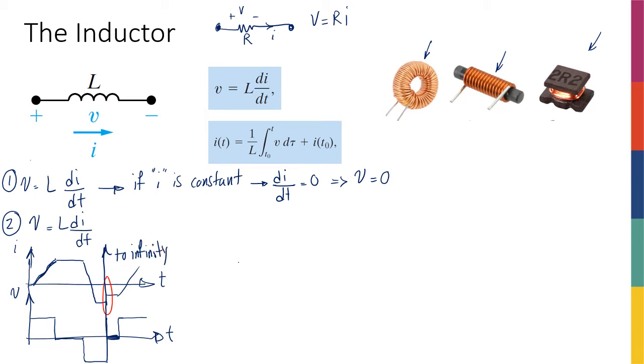And that's the problem. We cannot have an infinite voltage in a circuit. Because we cannot have an infinite voltage in the circuit, you can imagine that we cannot have an abrupt change in the current of an inductor. We can have an abrupt change in the voltage of an inductor. You can see that I do have abrupt changes, right? But for the current, I cannot do that, because the v is L di over dt, and dv over dt is not i, right?